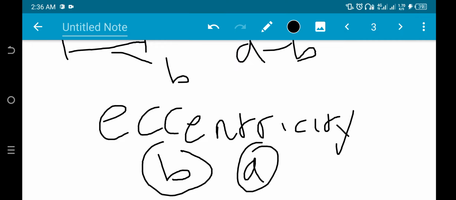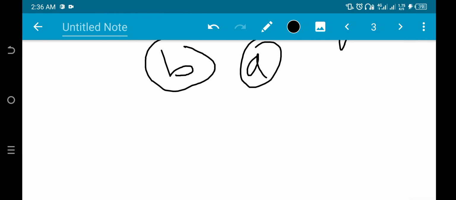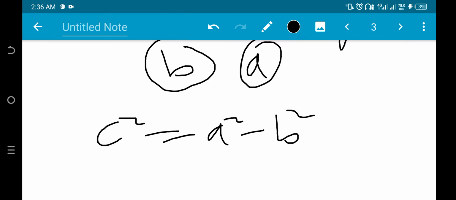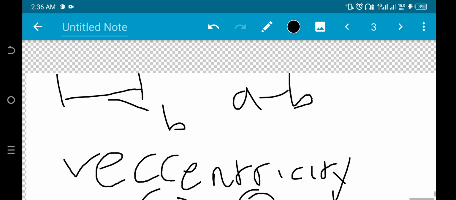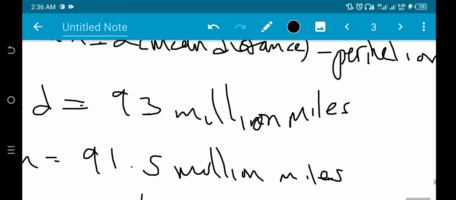Or even if they haven't given you the eccentricity, you can say that C squared is equal to A squared minus B squared, and make B squared the subject and end up finding B. That's how we are going to solve this question we have here.